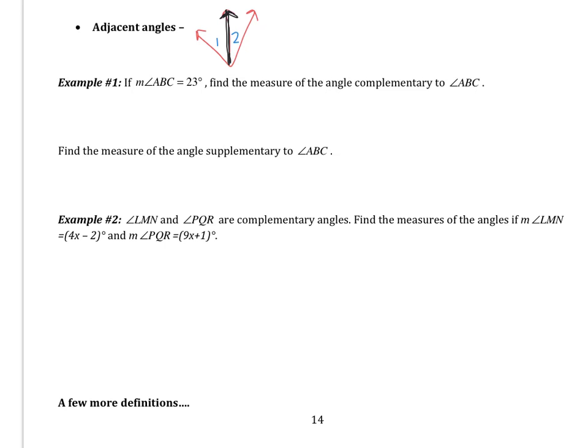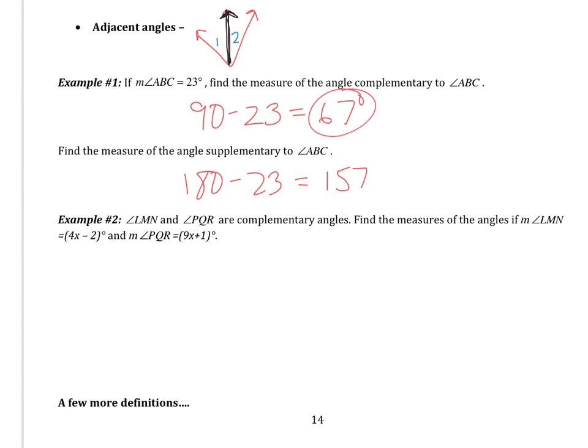You subtract 23 from 90. Okay, so 90 minus 23 gives us 67 degrees. Okay? What's the supplement to 23? That's a big number. Yes, it is a big number. 157. So 180 minus 23 equals 157 degrees.